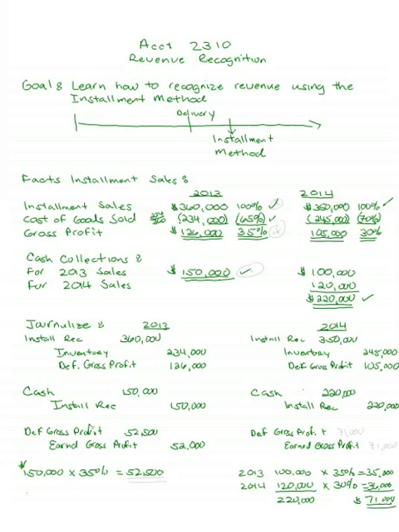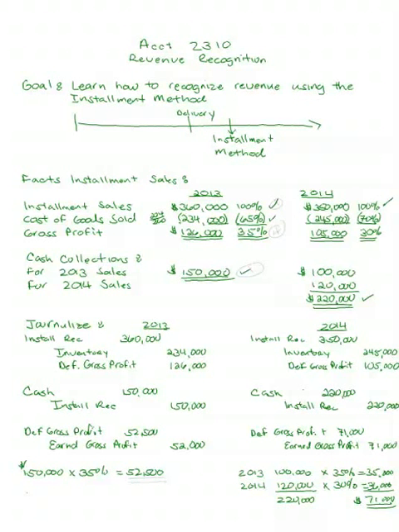So I can undefer, I made that word up, I think, $71,000 worth of gross profit because I have now collected it. So, for every dollar I'm collecting from 2013, 35% is profit. And for every dollar I'm collecting for 2014, 30% is gross profit.